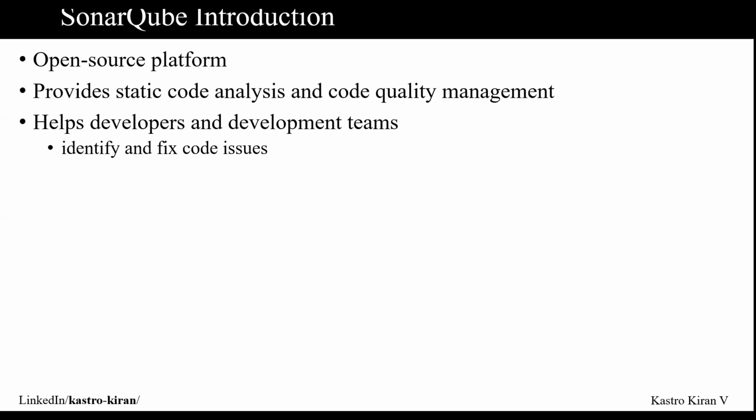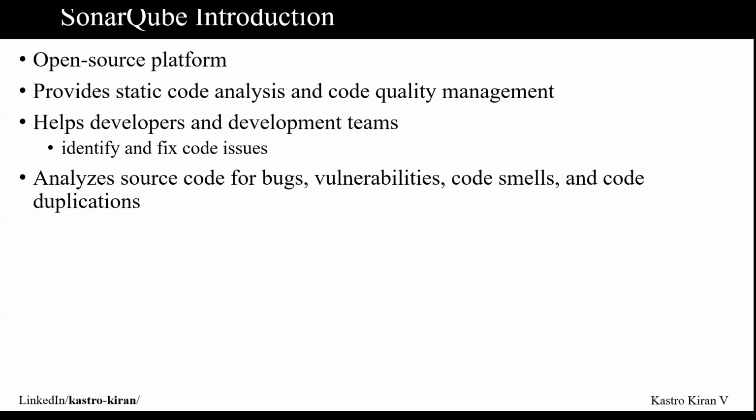SonarQube provides a detailed report on what we can do in the next stages once we identify the bugs. This report we send to the developers, who analyze it and work on the solving of the bugs. So this is an overview of SonarQube.